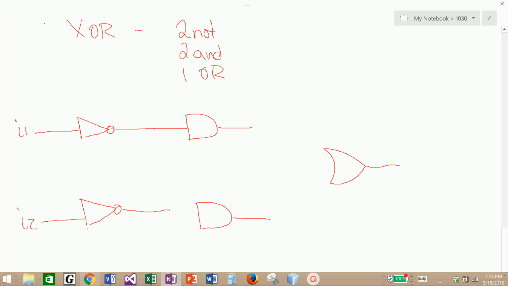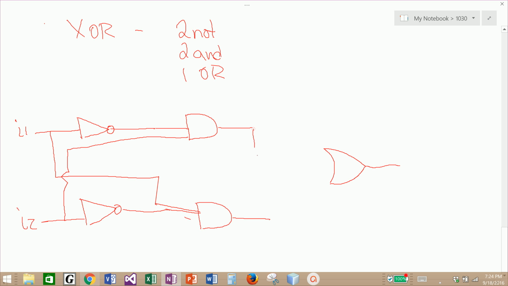There'll be an input 1 and an input 2 into each one of the NOT gates. But the AND gates require 2 inputs. So I'm going to take an input from 1 and I am going to pass it into the AND gate. And I'm also going to take an input from 2 and I'm going to pass it into the second AND gate.